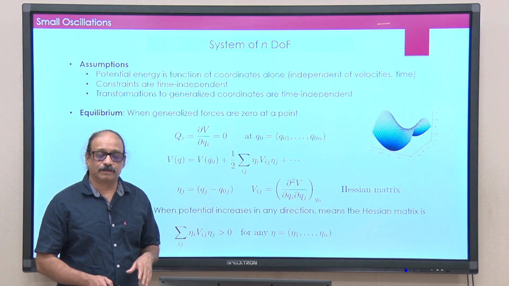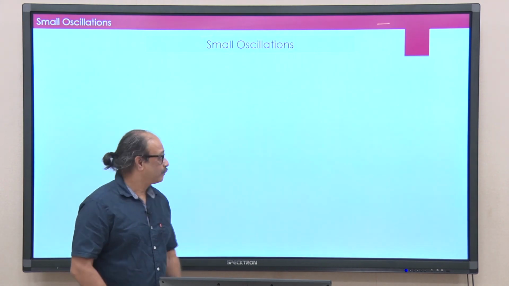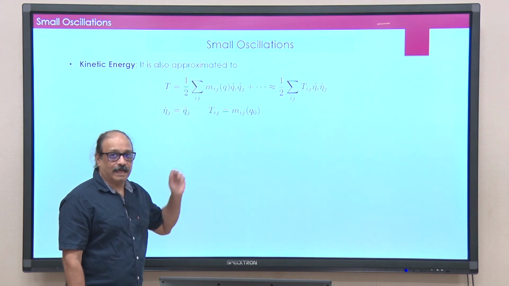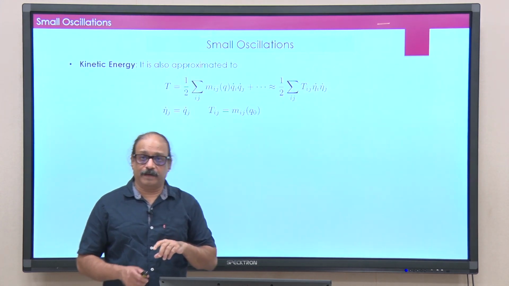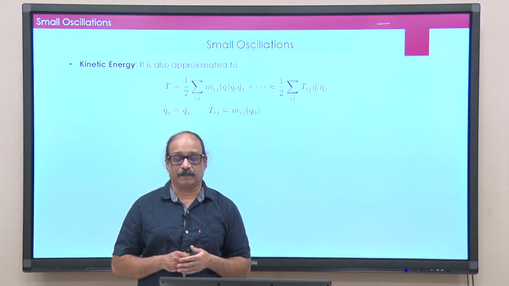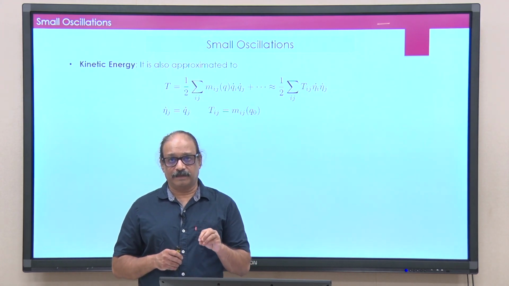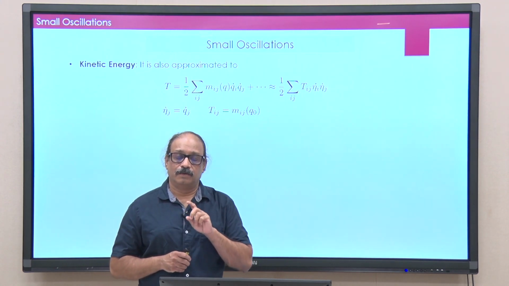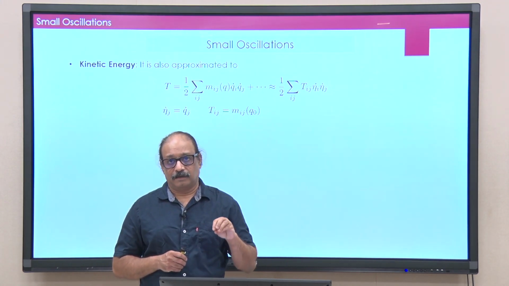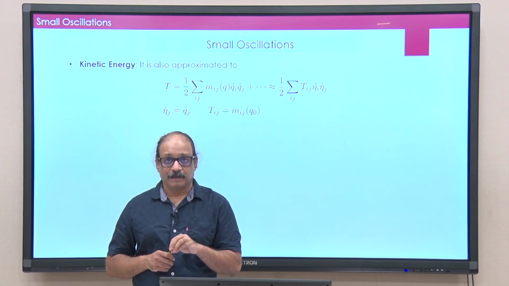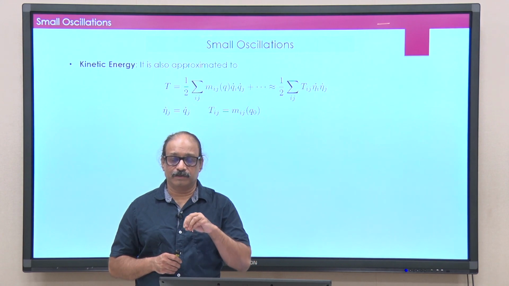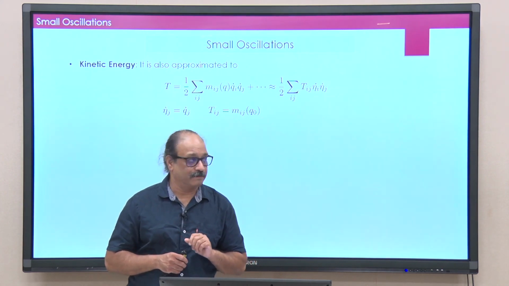Now, look at what happens to the kinetic energy part. Now, I will remind you of something that we did in our first week. Suppose the transformations from Cartesian coordinates to generalized coordinates do not depend on time, then the kinetic energy term is basically a homogeneous polynomial of degree 2, okay.